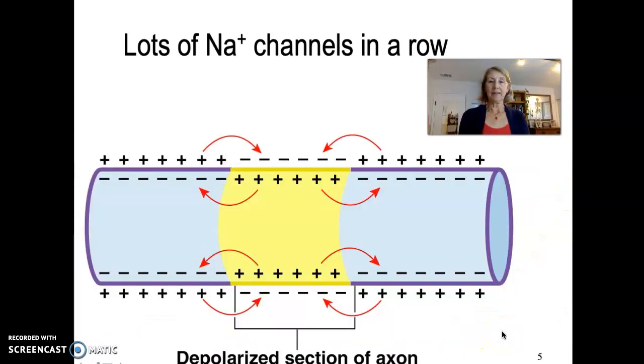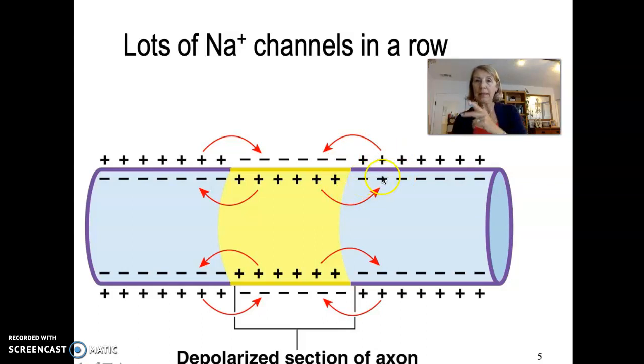And let's go to the steps. This is showing an area where here is the normal resting neuron. Okay, and it's more negative inside, more positive on the outside. And this little piece here is a section of the axon that's depolarized. This is what it would look like. And it's going to influence the area ahead of it. That charge is going to influence the neighboring charge.